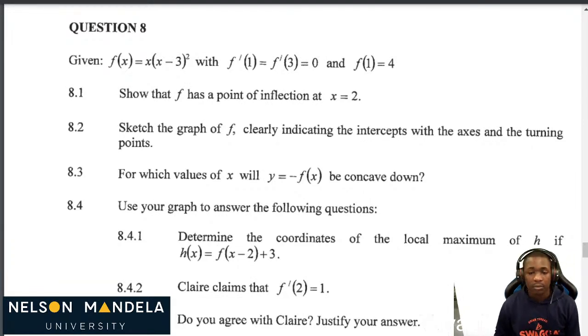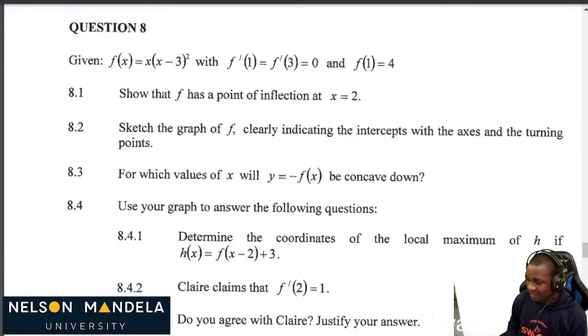8.1. Show that f has a point of inflection at x is equal to 2. How do we show that f of x has a point of inflection? We must determine the second derivative, then after that, we do the testing. We are given f of x equal to x times (x minus 3) all squared.